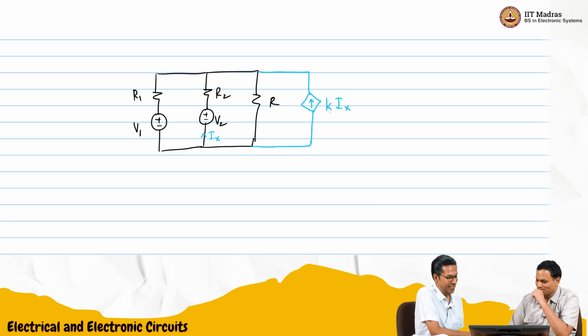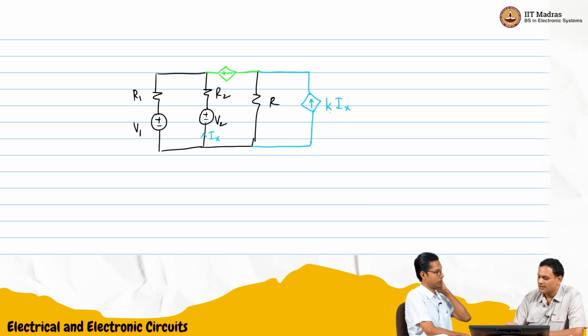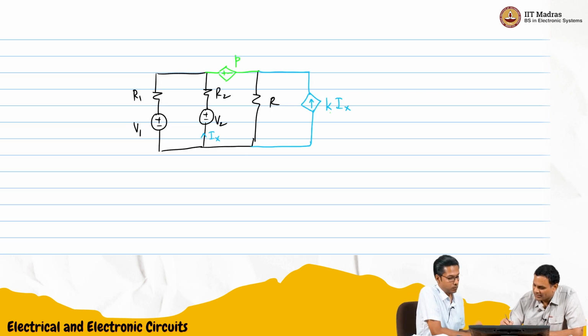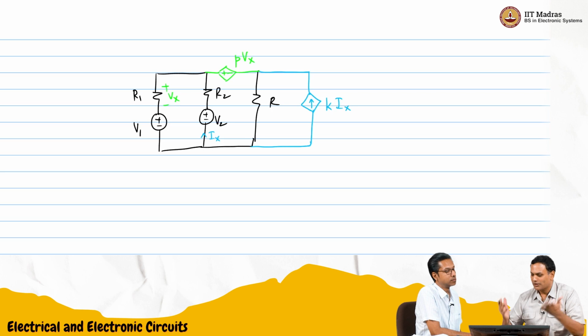And you can have many. For example, suppose I added a voltage controlled voltage source here, minus plus. Instead of K, since we already used K, maybe P times Vx, and that Vx could be the drop across this resistor.